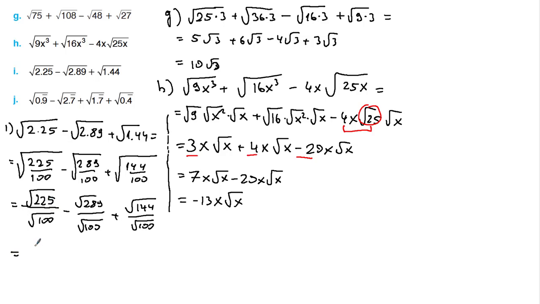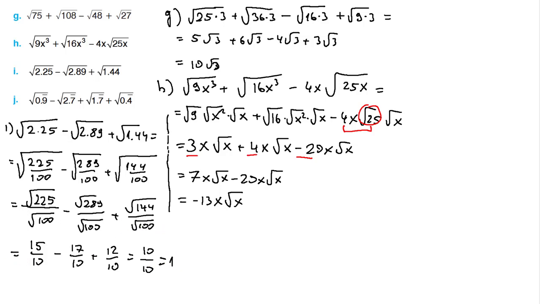Now square root of 225 is 15 over 10 minus this is 17 over 10 plus 12 over 10, which makes 15 and 12, it's 27 minus 17, that's 10 over 10, it's just 1.